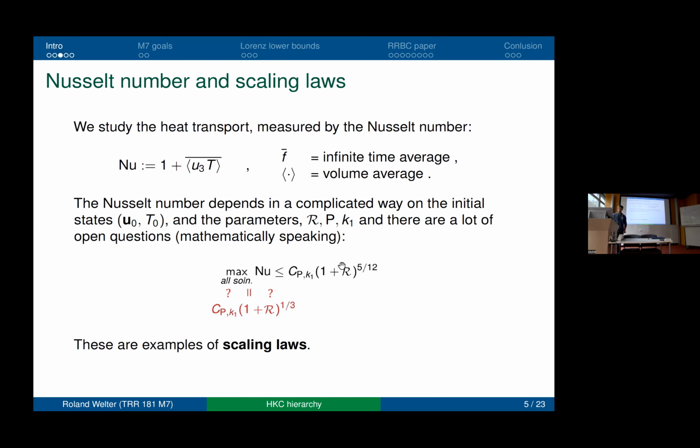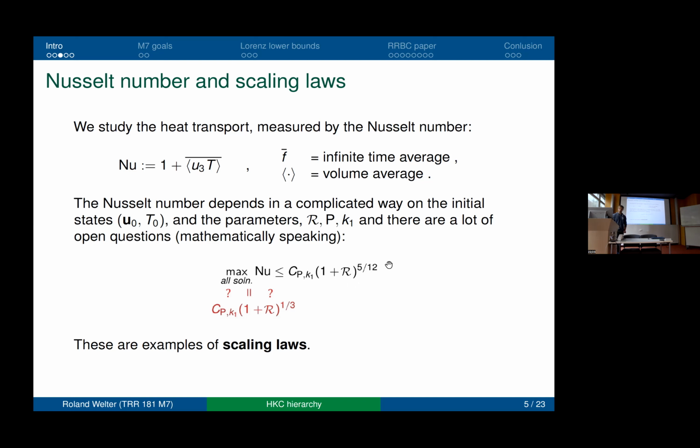But one rather well-known, famous result about this Nusselt number is these maximum or scaling laws, which say that the maximum Nusselt number over all solutions has this bound. It's bounded by some constant times the Rayleigh number to the 5/12 power.